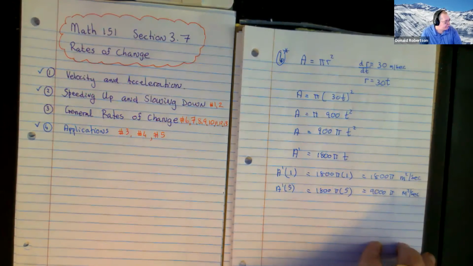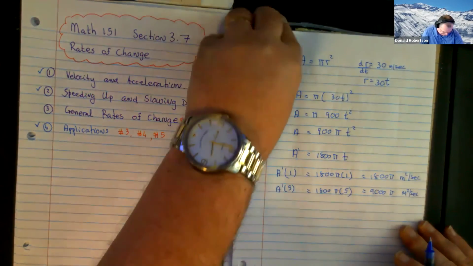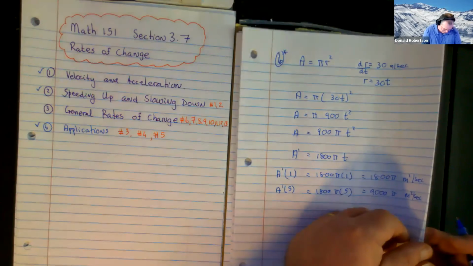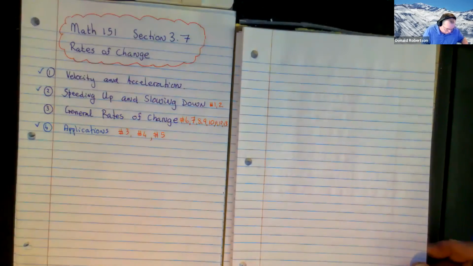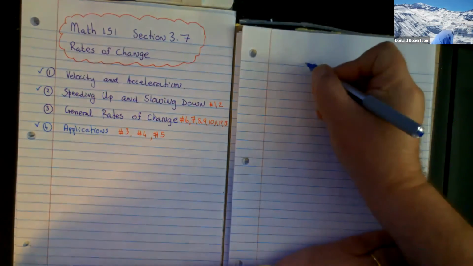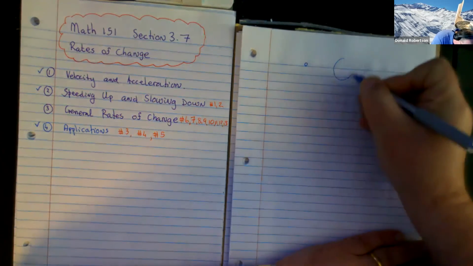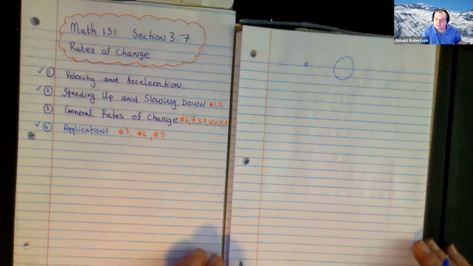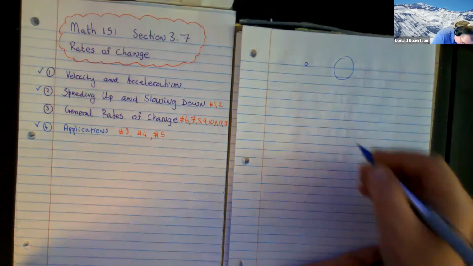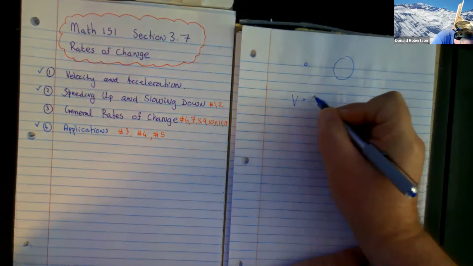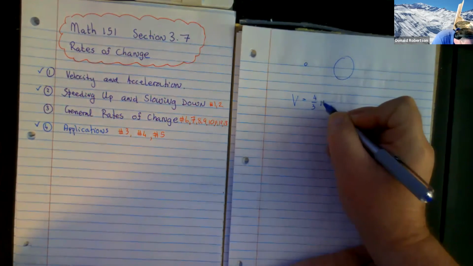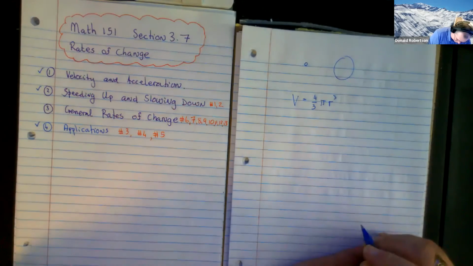Okay, let's try and model a sphere exploding. So can you imagine you've got a little sphere and it blows up into a big sphere, like a supernova. Well, I know the volume is 4/3 pi r cubed.